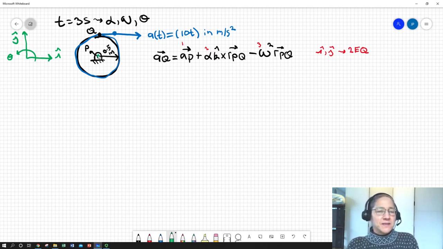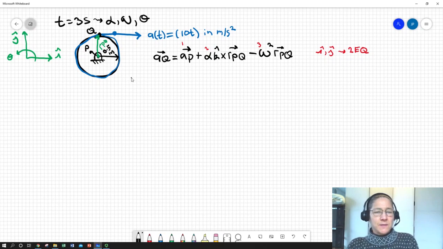On this basis, our radius vector from P to Q, here's our PQ, we can define as 0.5 meters j hat, and of course our acceleration is going to be in the i hat direction. So let's go ahead and rewrite our equation using what we do know.